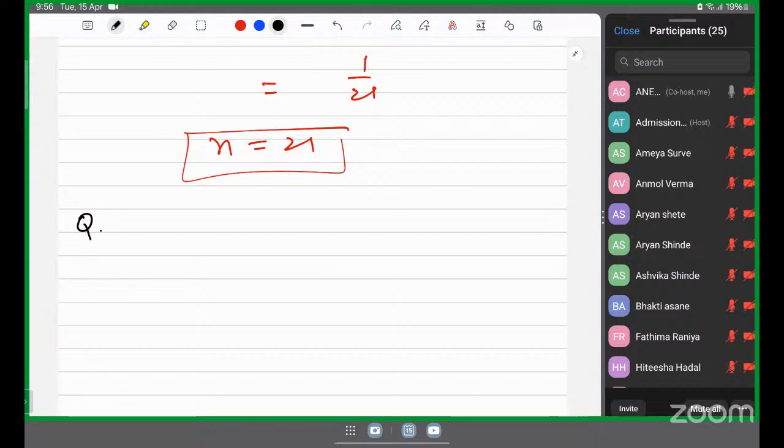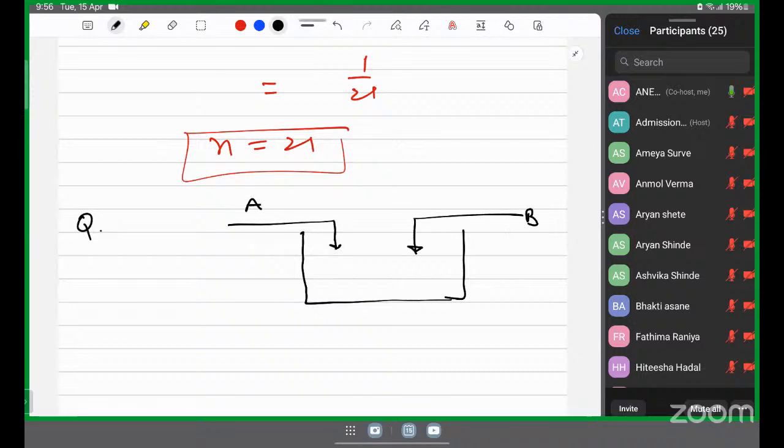Next question is, if two pipes, pipe A and pipe B, are working together simultaneously, the reservoir will be filled in 12 hours. So total time taken is 12 hours to fill the reservoir.